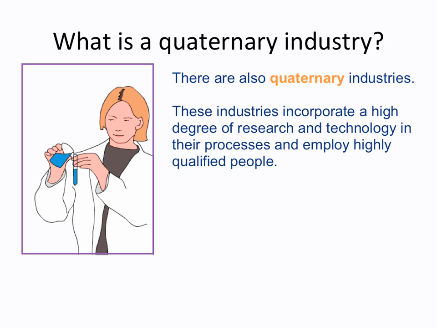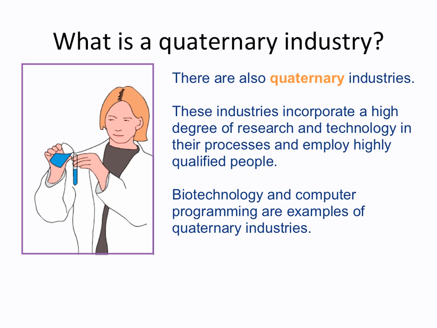Think about the iPhone and how it's changed over the last 3 or 4 years. That would be all through research and development. We could think about things like drugs and how they are researched and developed over a period of time before making their way onto the shop floor. So biotechnology and computer programming are examples of quaternary industry.